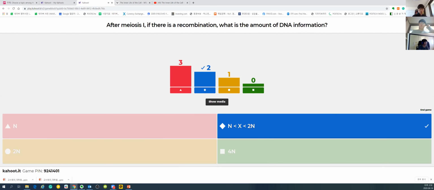Okay. Now maybe you didn't understand the meaning of recombination very well. If there is no recombination, the DNA copy should be exactly the same. And it's divided. Then it should have the same 2 copies. Amount-wise, that's 2N. Information should be 1N.